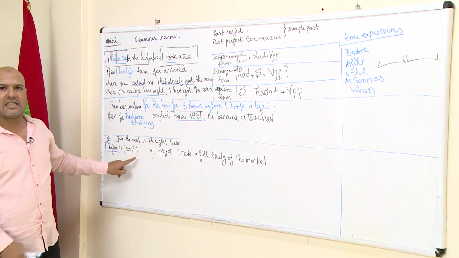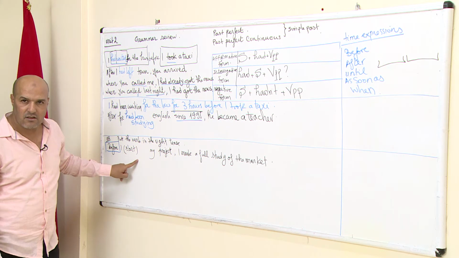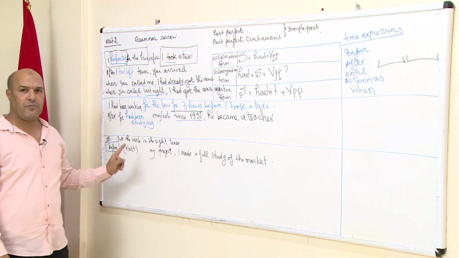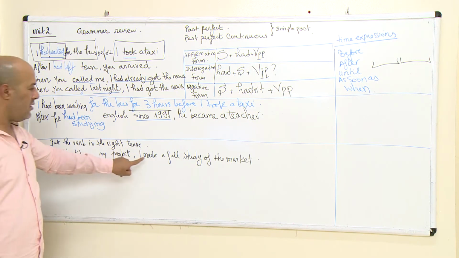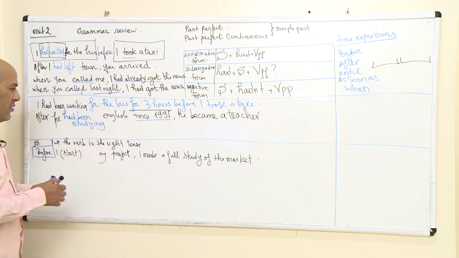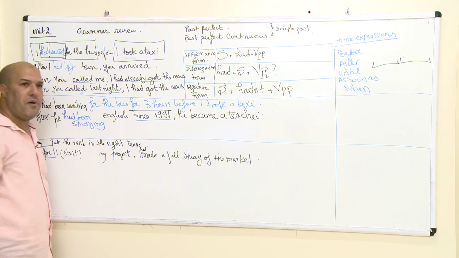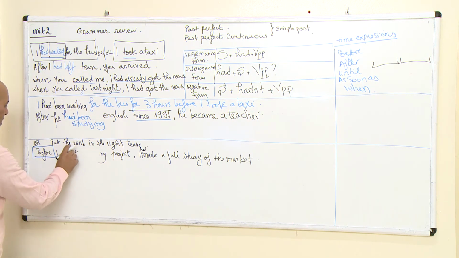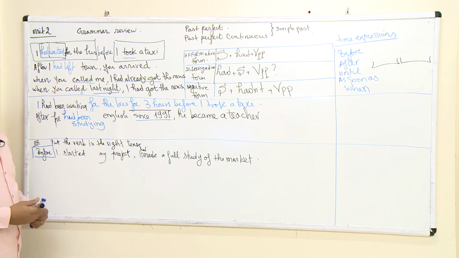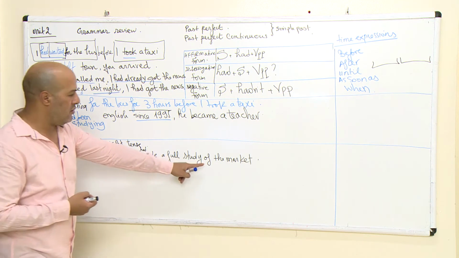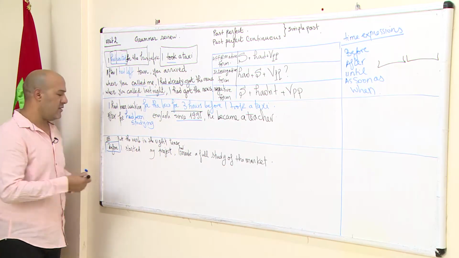Before I start, I made. So which one happened first? It's made. So this should be I had made, and this will be I started. So before I started my project, I had made a full study of the market.